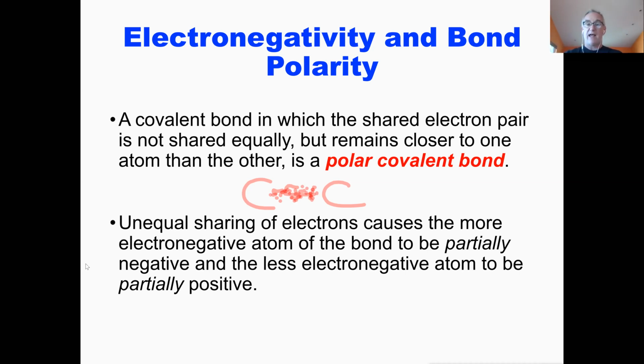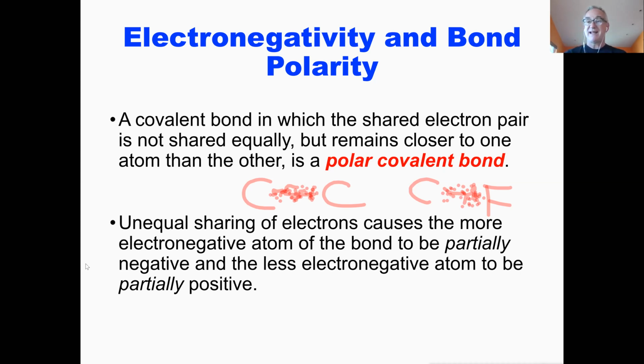However, you put carbon next to fluorine, same pair of electrons, same electron cloud, but now that electron cloud is much closer to fluorine and just a little close to carbon. Because fluorine is so electronegative, its nucleus pulls on that cloud of electrons more than carbon can. And so this cloud gets pushed slightly closer to the fluorine, and that becomes polar.